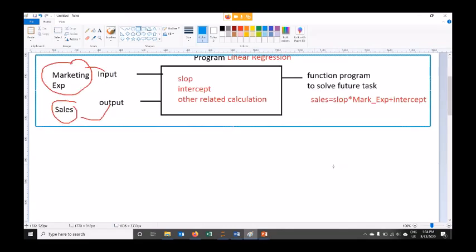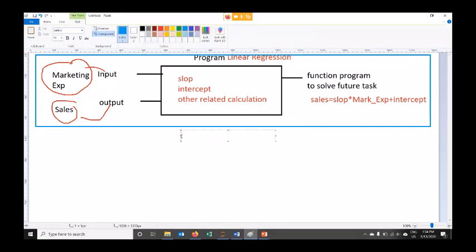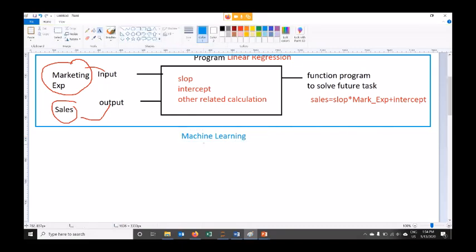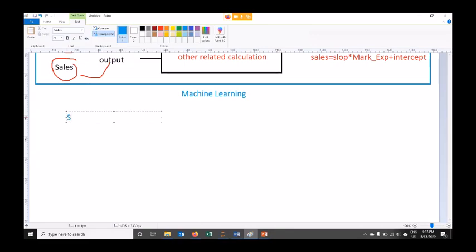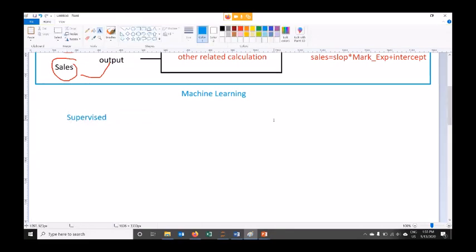So in machine learning, we primarily have two subcategories. I'll say machine learning can be divided into two parts. One is supervised learning. The other one is unsupervised learning.